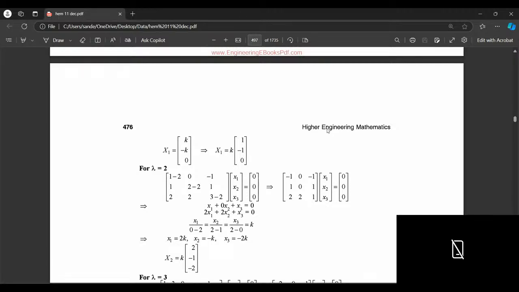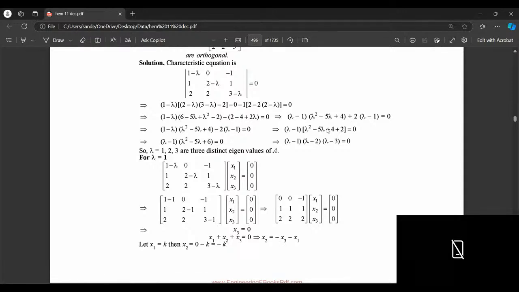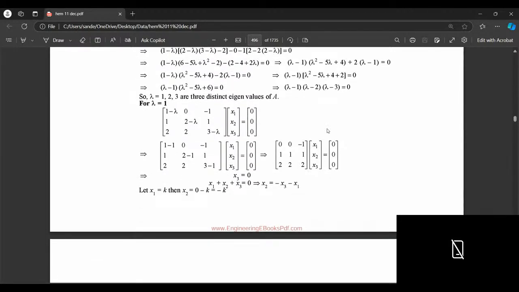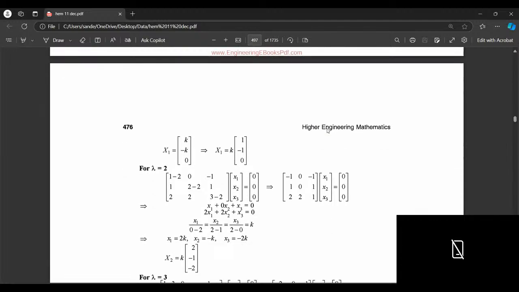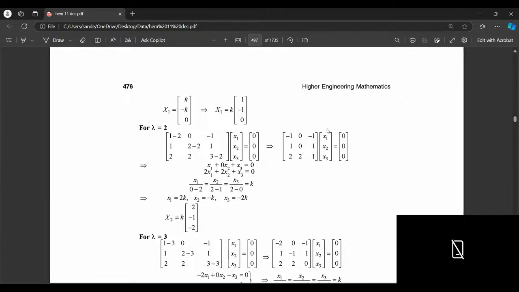Now similarly, the second eigenvalue is 2, so put lambda equal to 2 in the matrix A minus lambda I into x equal to 0. Then you can find the second eigenvector x2. You will get a system of equations.